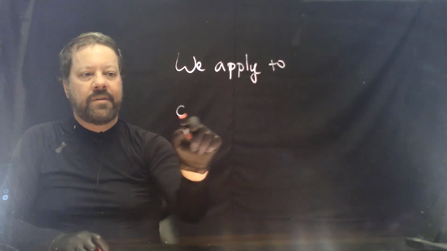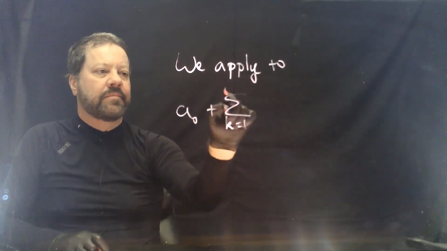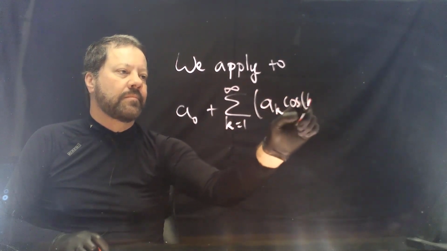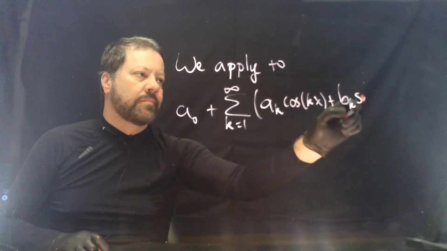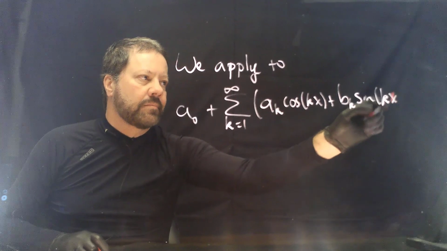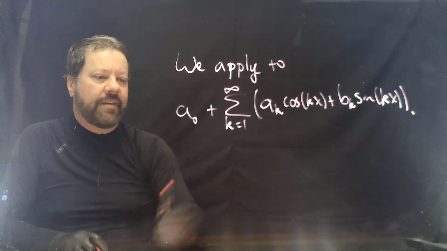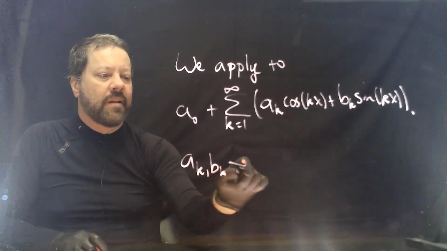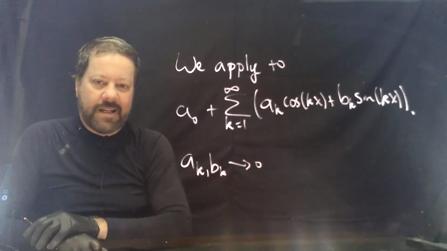We can apply all of this theory to a series of this form, and we can get uniform convergence provided that these decrease monotonically to 0.